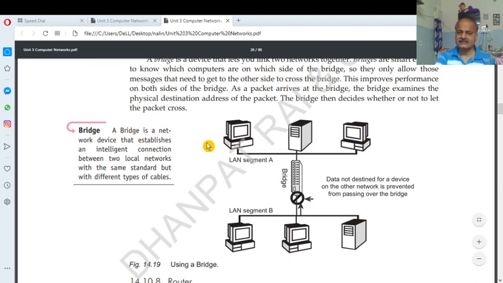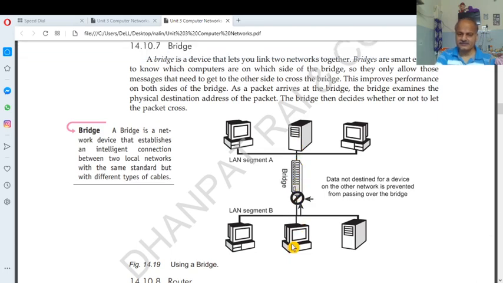So a bridge is a device which is used to connect two networks. Clear? A bridge is a network device that establishes an intelligent connection between two local networks with the same standard but different types of cable.